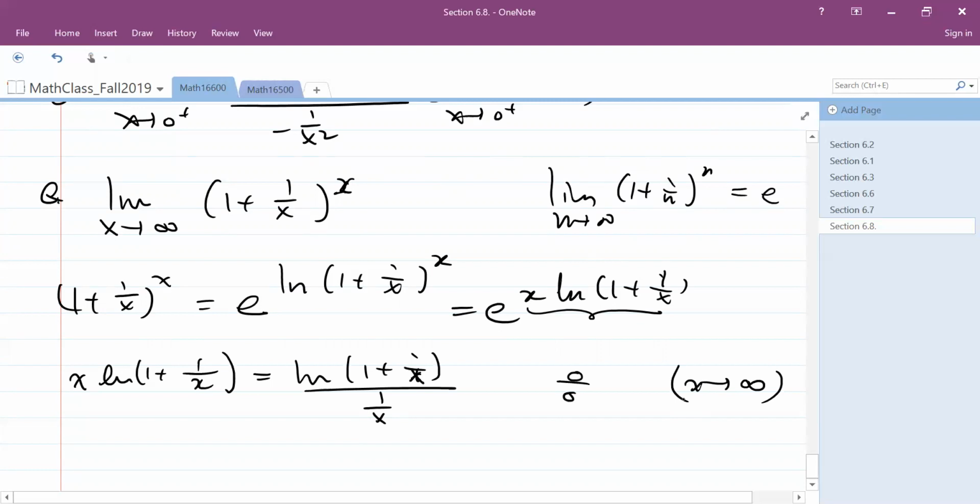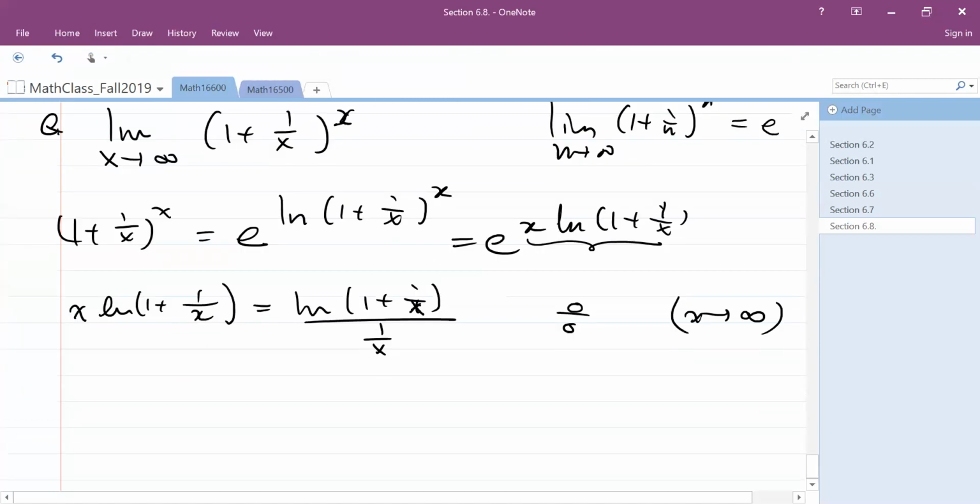Now you can change the variable if you want. Change 1/x to another variable, and then that variable approaches 0. But you can leave it like that. So you can apply L'Hopital's rule to find the limit as x approaches infinity.